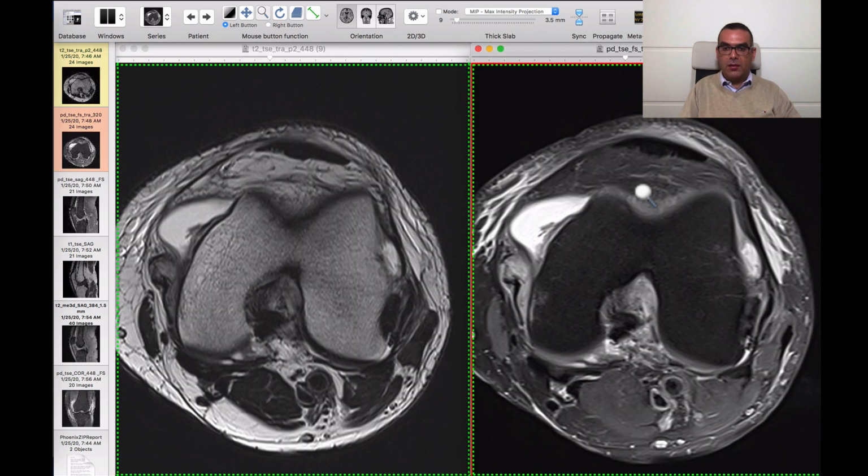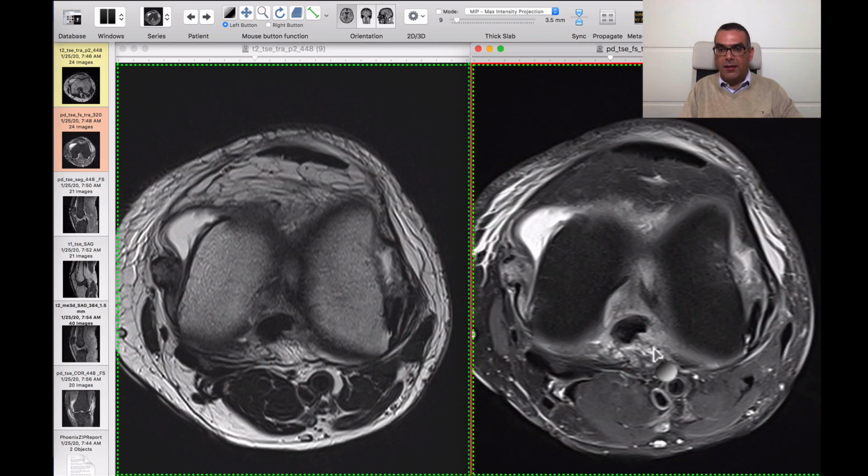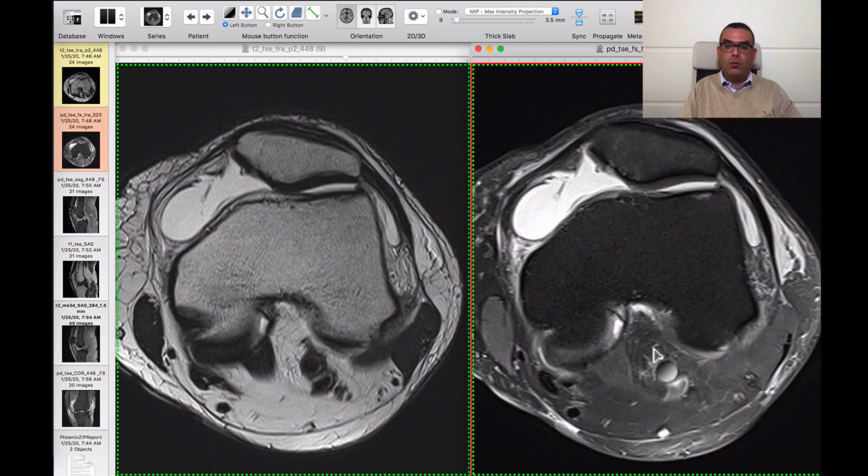You can of course clearly now identify there is a complete or high-grade ACL tear. And one small thing about ACL tears, as we said in the previous PowerPoint presentation, you call it a high-grade tear when more than 50% of the substance is involved, and a low-grade tear when less than 50% of the substance is involved.